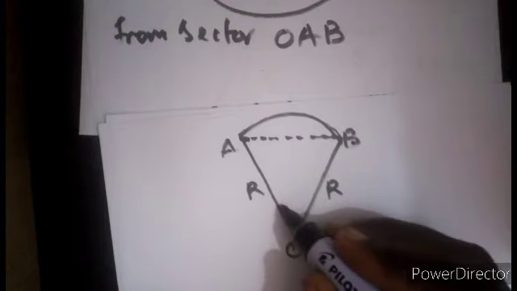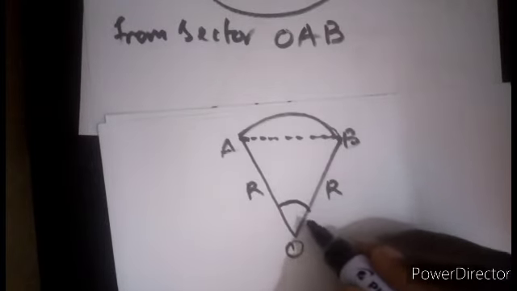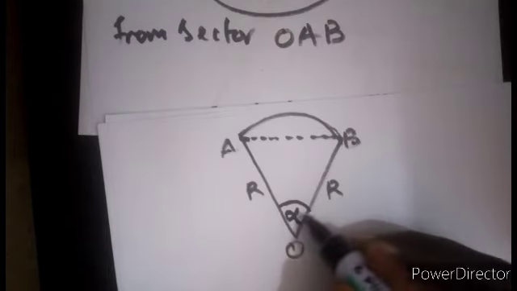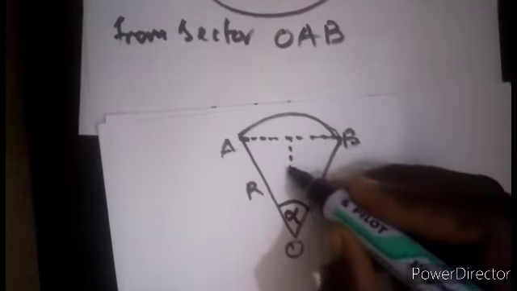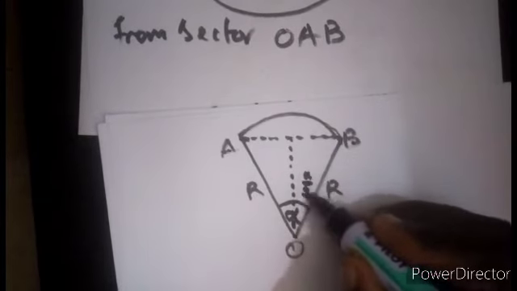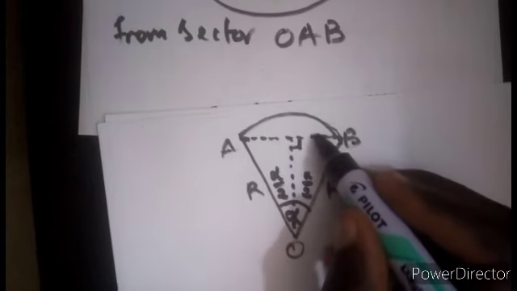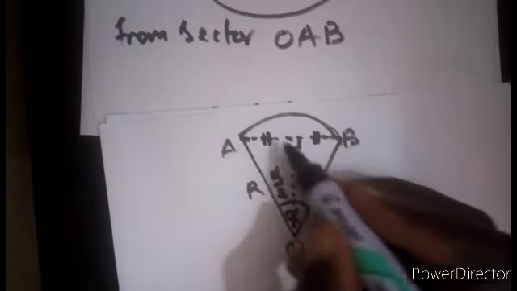Now, the angle here, this time around, the angle at the center, we're going to call it alpha. So if you split that angle into 2, this will be alpha all over 2. Same thing here, alpha over 2. 90 degrees. This side will be equivalent to this side.